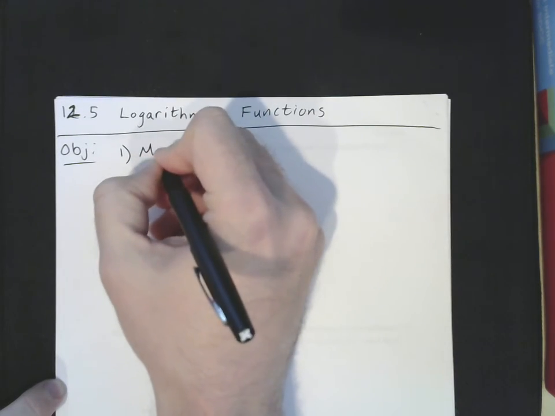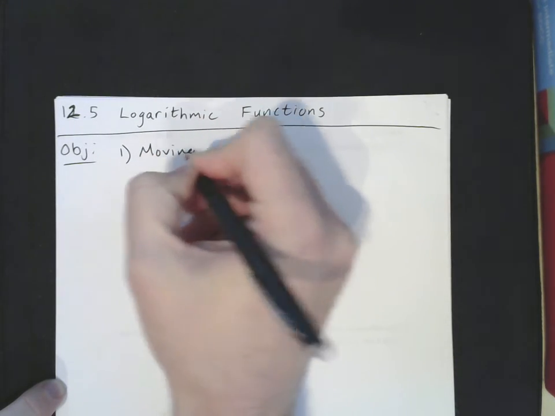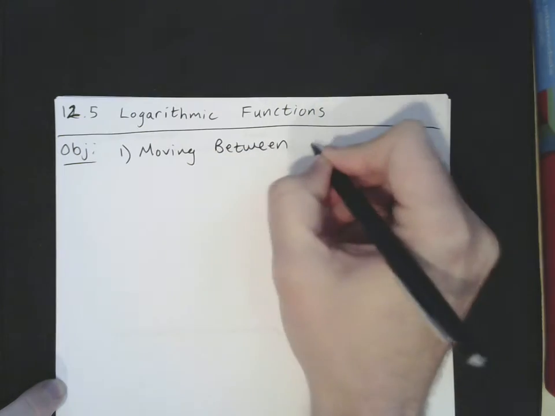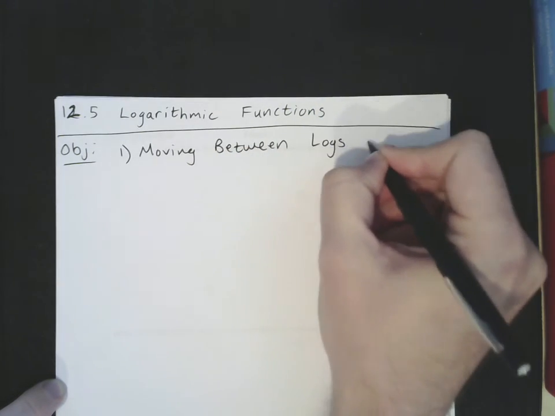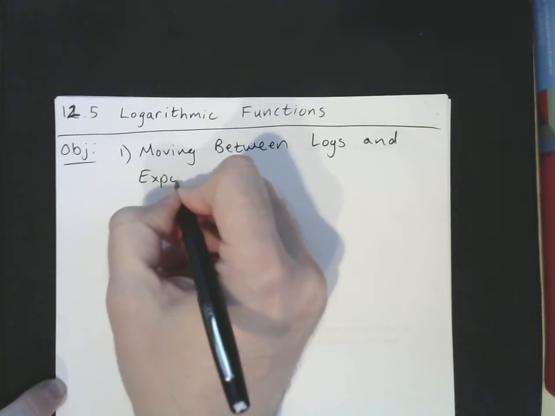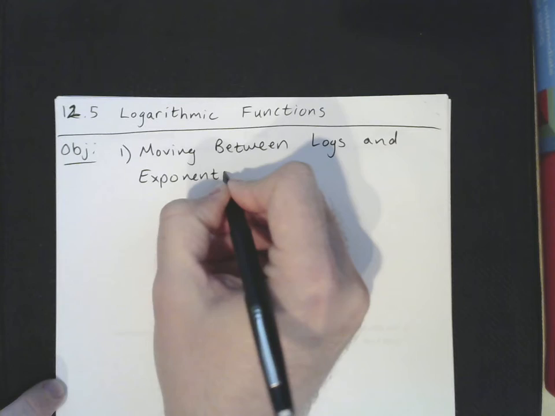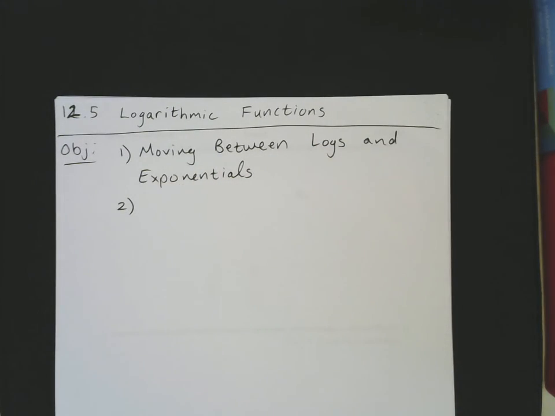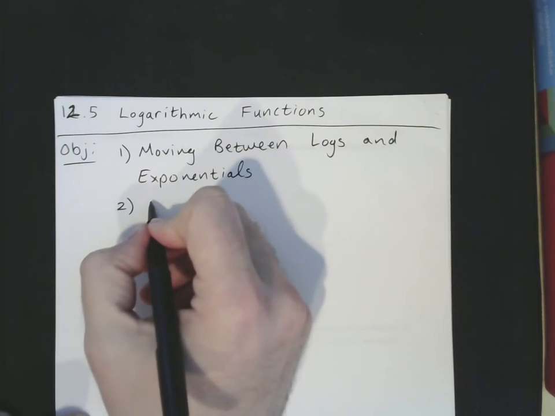Number one is we're going to just briefly touch on moving between logs and exponentials. So this is the basics of how we go between a logarithm and an exponential. As I said a second ago, in 12.6 and 12.7 we'll be investigating that further.